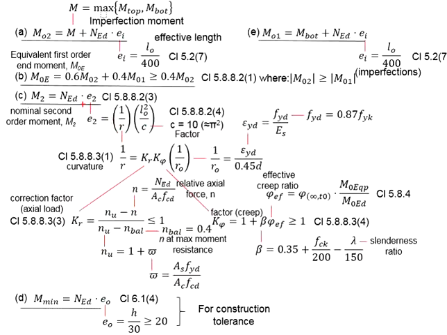And then the following step is for you to determine the e2. You need the curvature, you need the c factor. The c factor equals 10 as given in the Eurocode. And then you need the effective length, and this effective length needs to be squared.